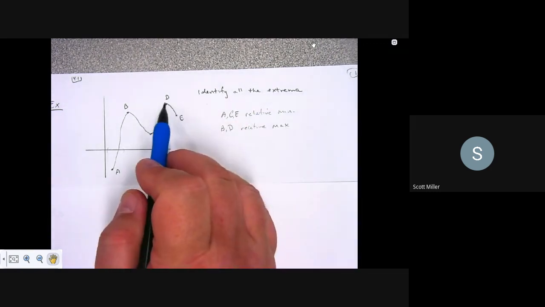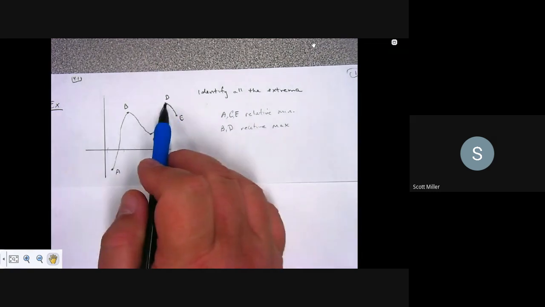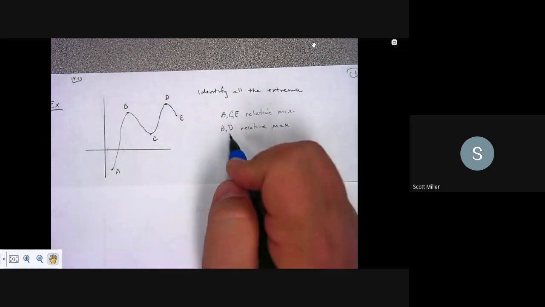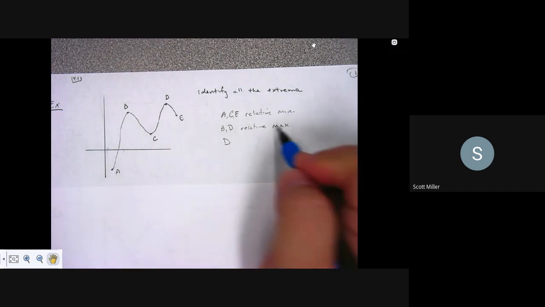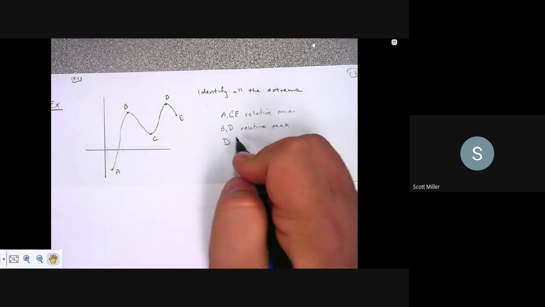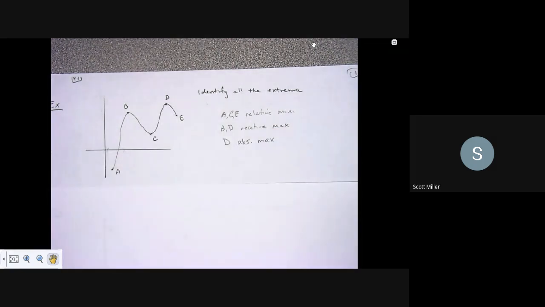Now look at D. D is the highest Y value of this entire picture on this entire domain that we're looking at. So that makes D, not only is it a relative maximum, it is also the absolute max of this function in this domain.